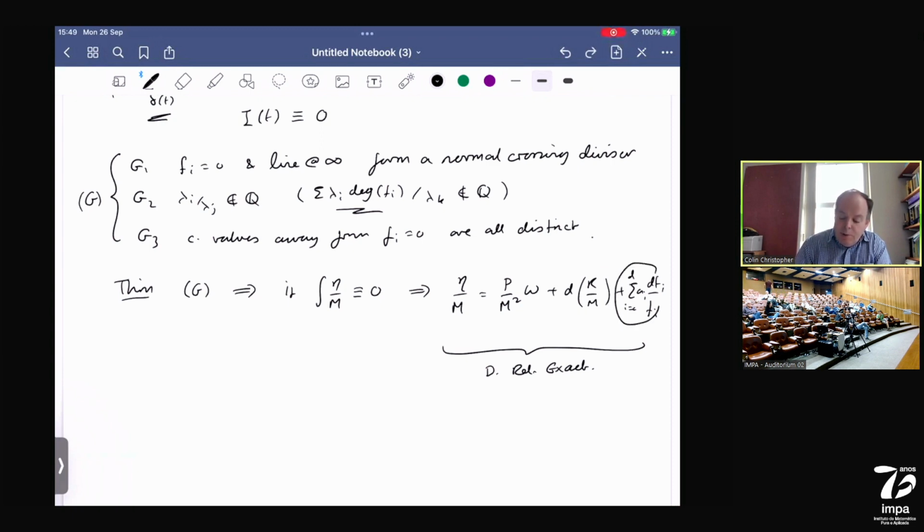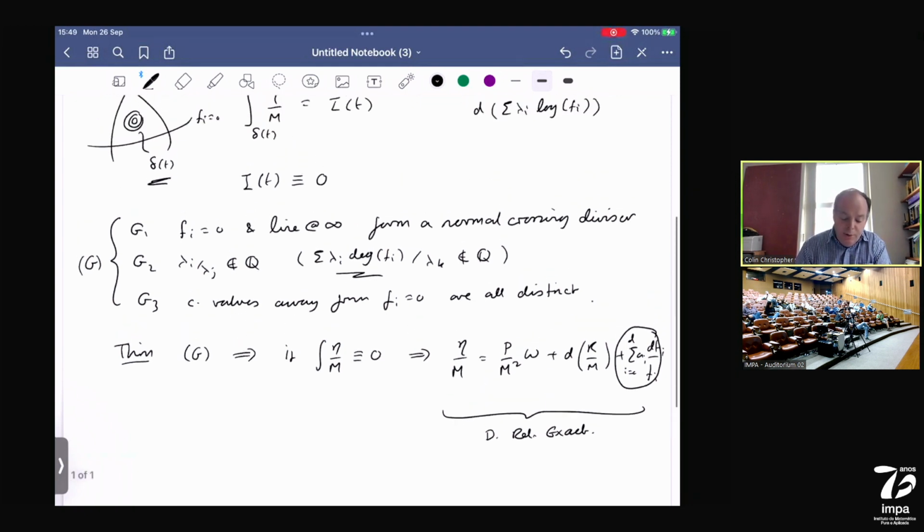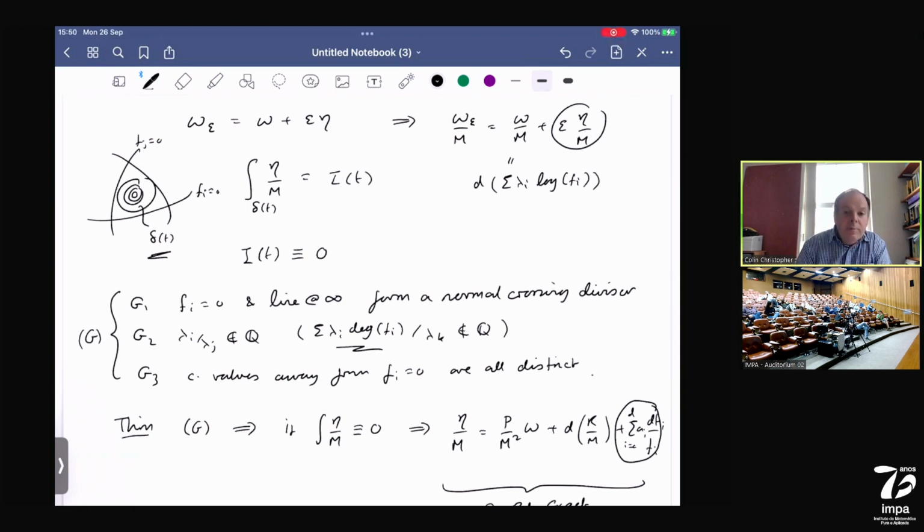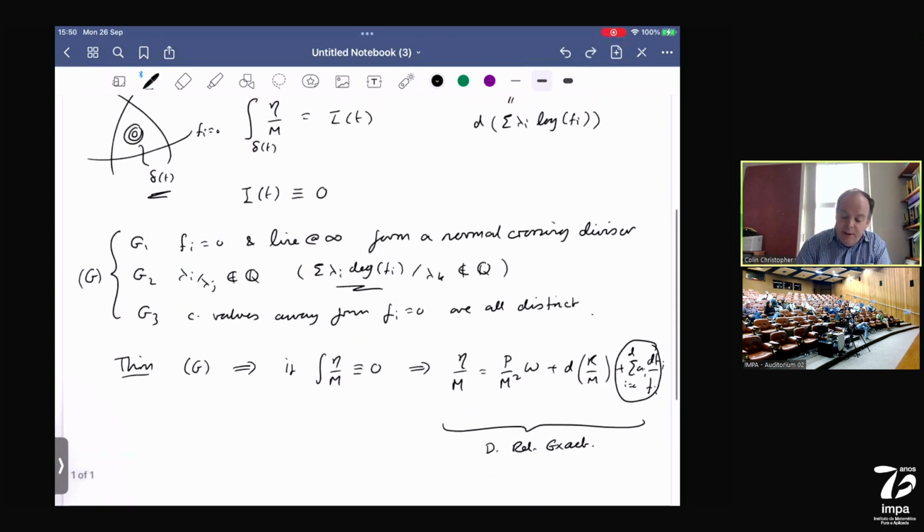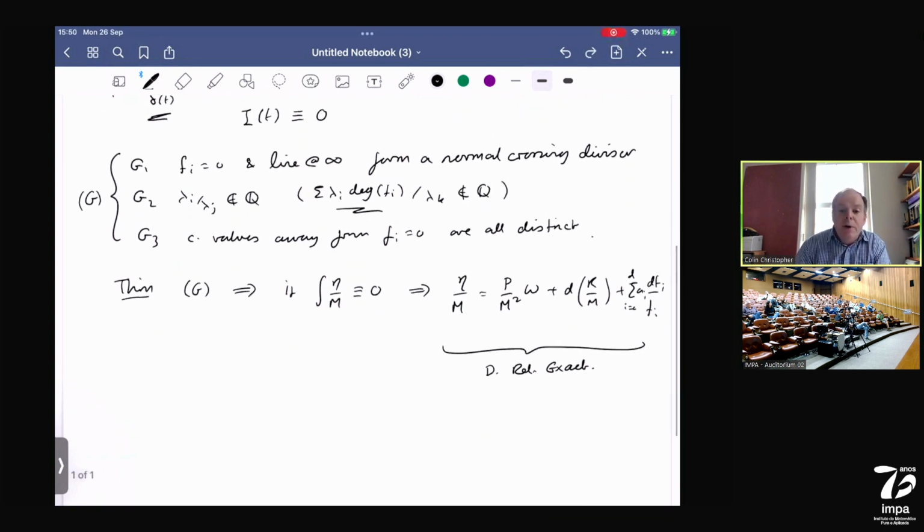And this term will also be 0, because although potentially if we wound around a separatrix we'd get something non-zero, our vanishing cycle here doesn't wind around any separatrix, so as we transport it, it will maintain that property. And so this term here will constantly be 0 as well. So we also have an if and only if statement here.